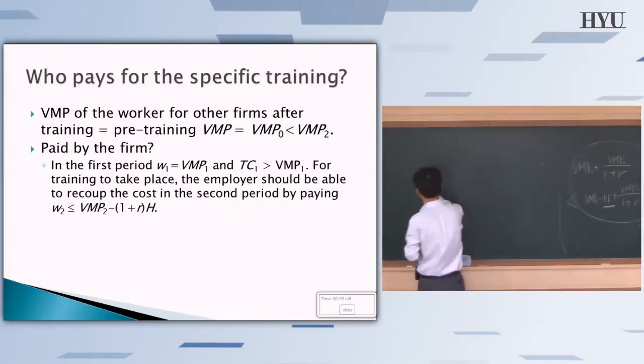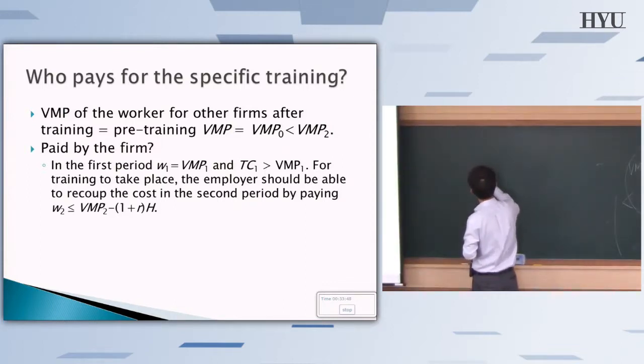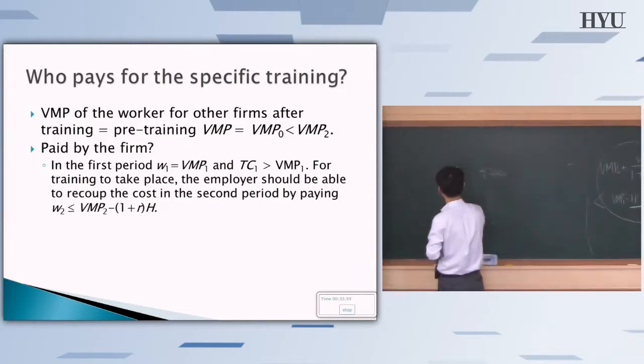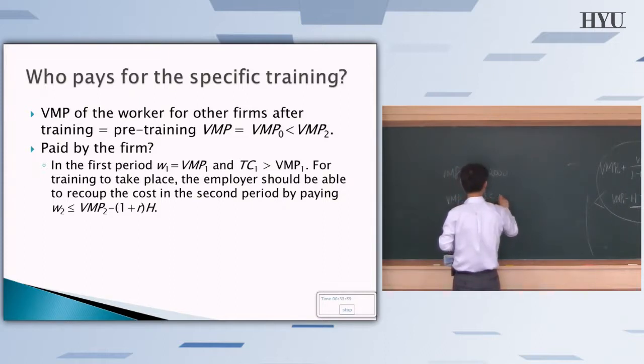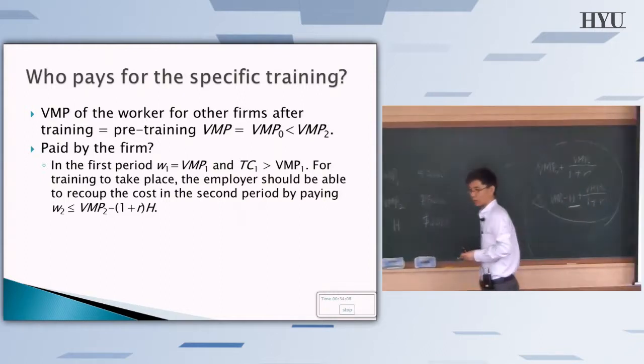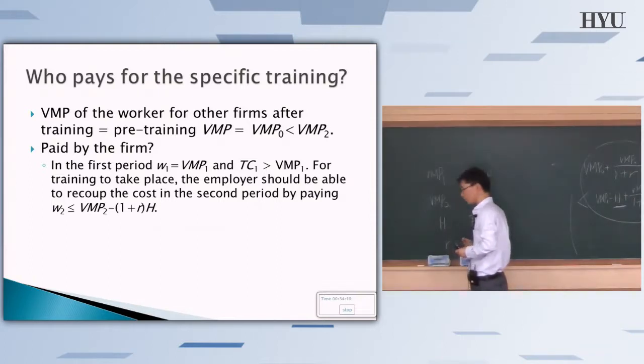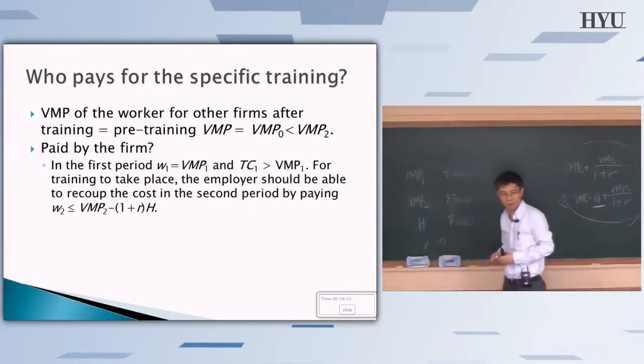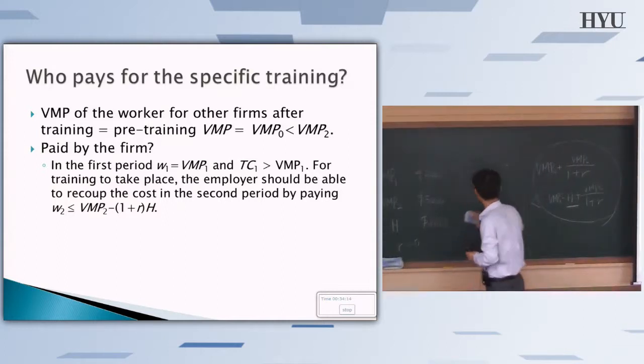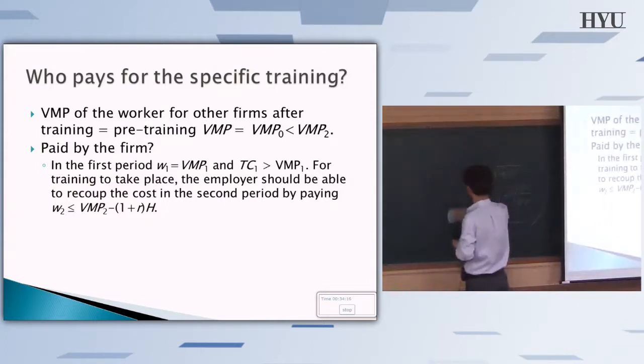Let me make an example. The previous example, which is $1,000. Let's assume that R is 0 to make things simpler.